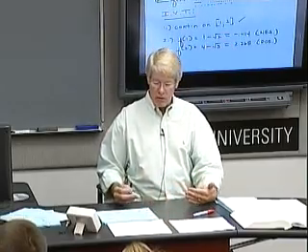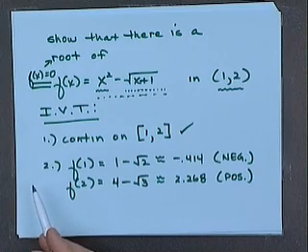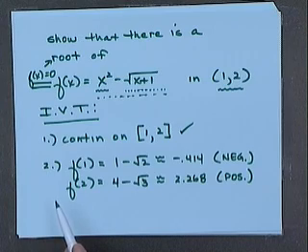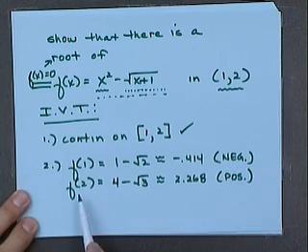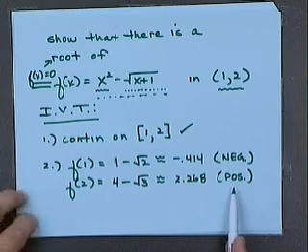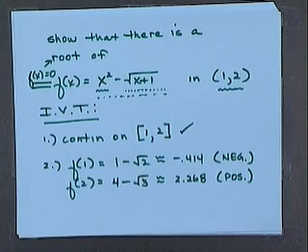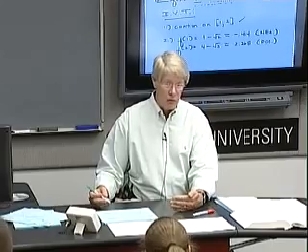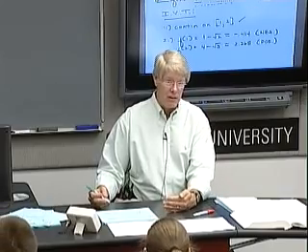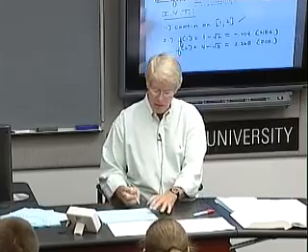So, does the intermediate value theorem guarantee, because this function is continuous, because f of 1 is negative and f of 2 is positive, that there is some c between 1 and 2 such that f of c is 0? Yes.